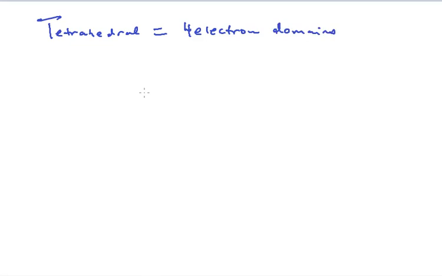If a central atom is bonded with no lone pair, let's say CH4, the VSEPR theory tells me the electron domain geometry for carbon, this is methane by the way, is this: carbon at the center, hydrogen on this side, another hydrogen on this side, one hydrogen out of the screen, and another hydrogen behind.